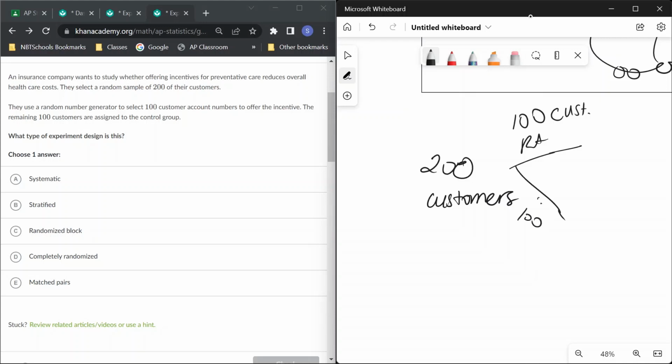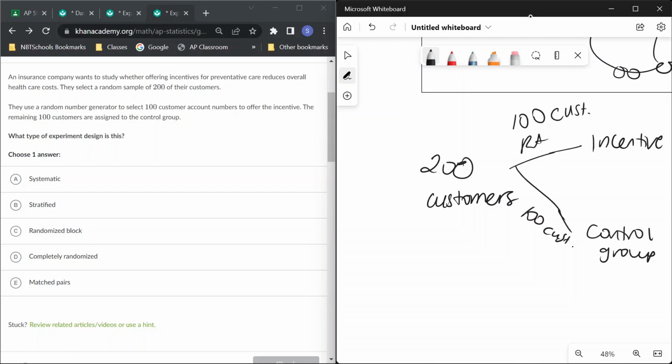Do we have to mention if it's random assignment here? That doesn't really make sense, right? It's just the remaining 100 customers. So here they offer the incentive for the 100 randomly assigned customers, and then here we're just assigned to a control group, so those who didn't get an incentive.